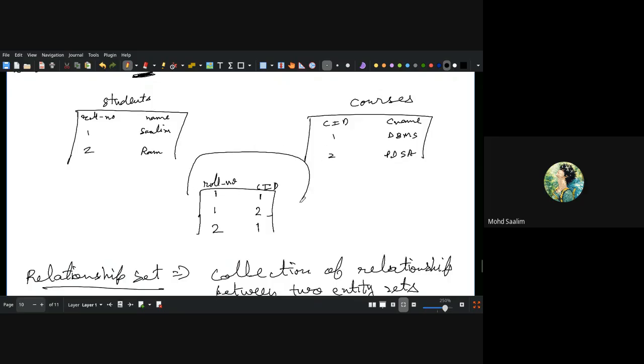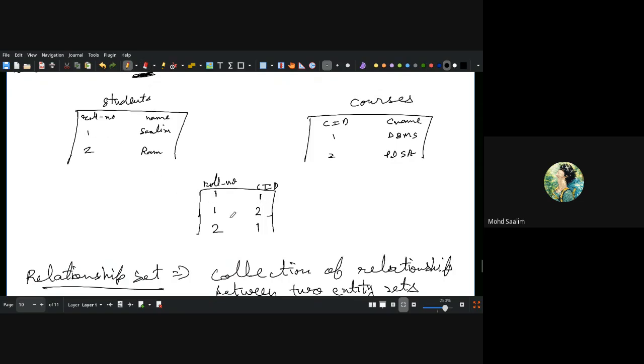But this relationship set that you created, this table is explicitly created just to show the relationship between these two. So these rows are relationships, not entities, right? Because this is not original value. This is borrowed from here. So that's why it is not an entity.